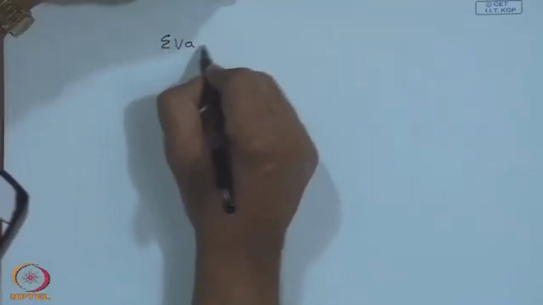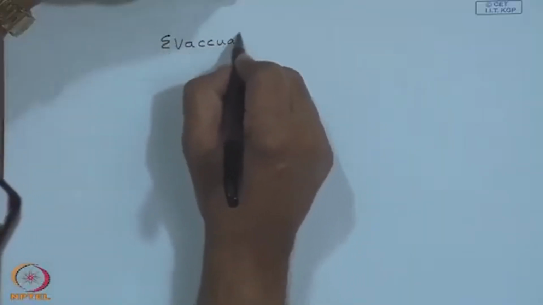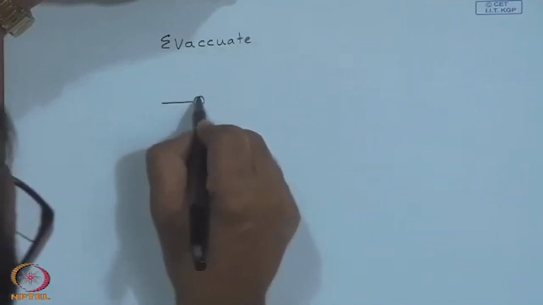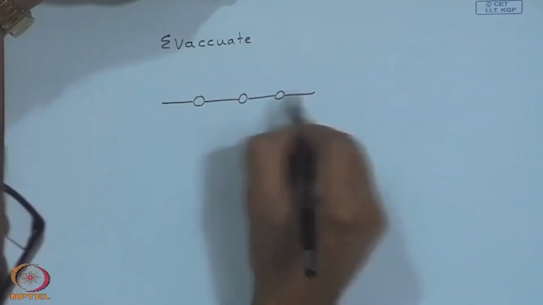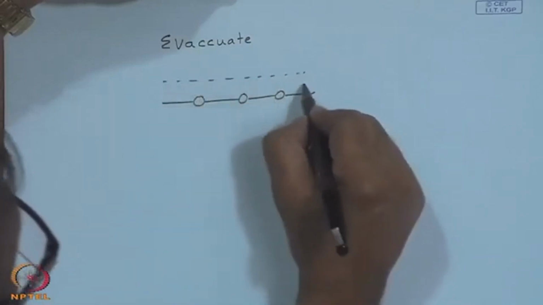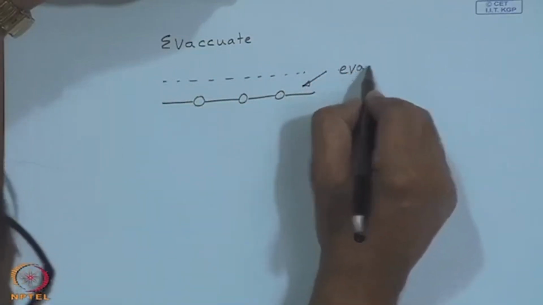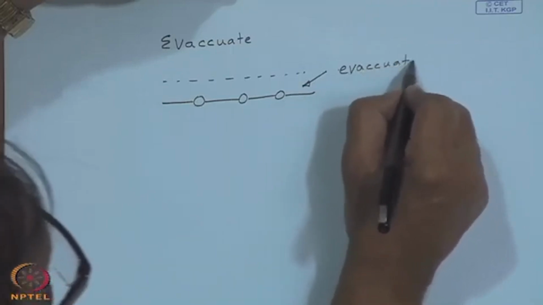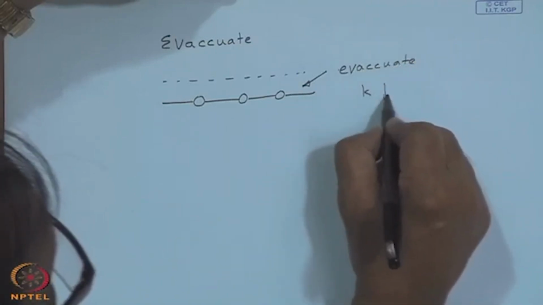Now, one of the solutions to improve the heat loss coefficient UL, and improving the heat loss coefficient in this context means reduction in the heat loss coefficient, is to evacuate the space between the absorber and the glass cover, so that K is extremely low.